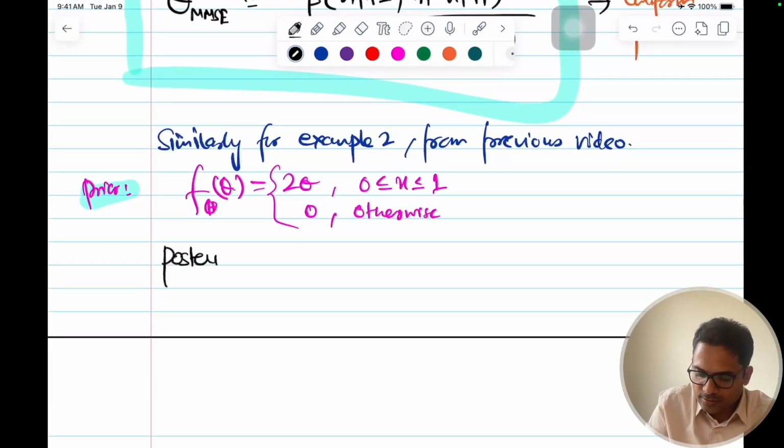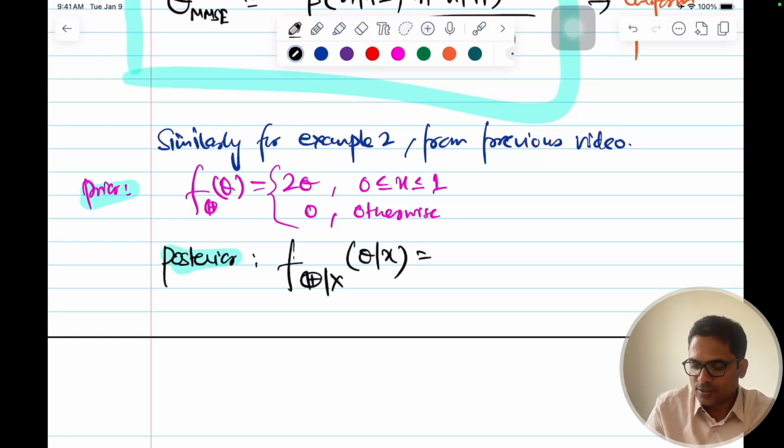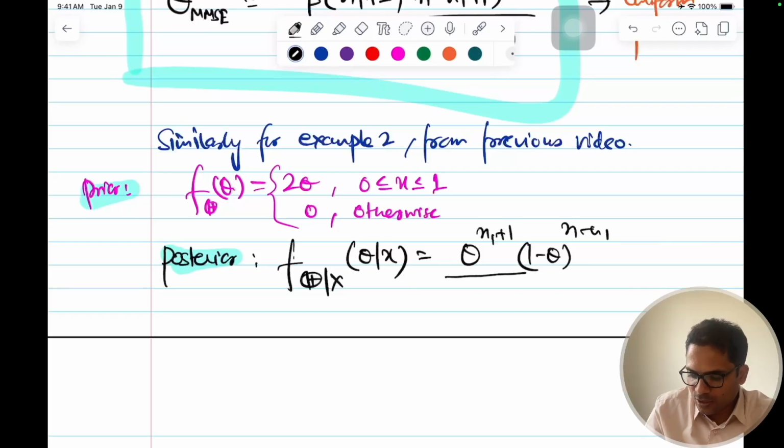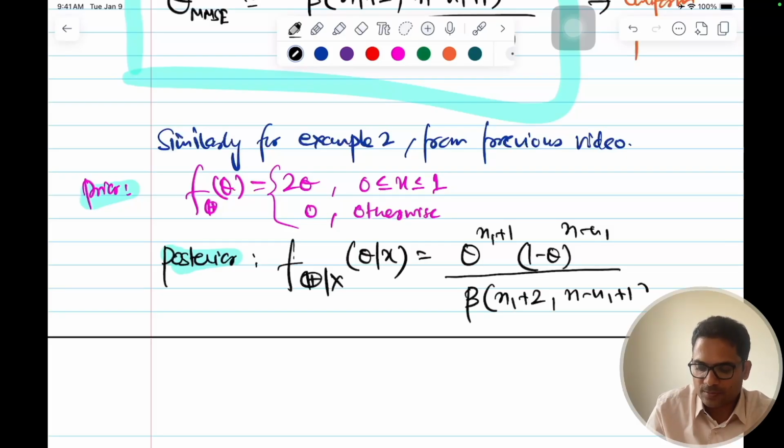So my posterior will be, what was the posterior for that case? I'll just refer from the last class. F of theta given x is equal to theta to the power n1 plus 1 and (1 minus theta) to the power n minus n1, and the denominator was a beta function of n1 plus 2 comma n minus n1 plus 1.